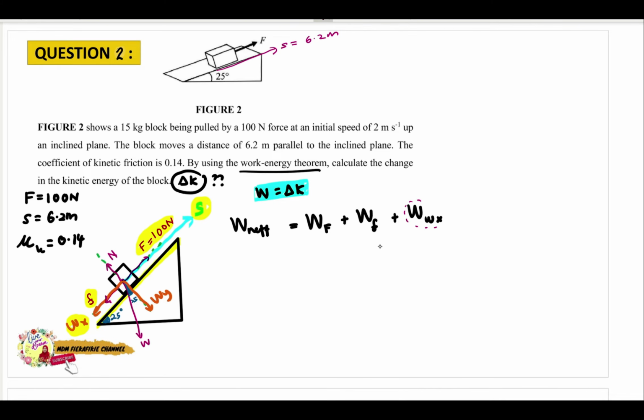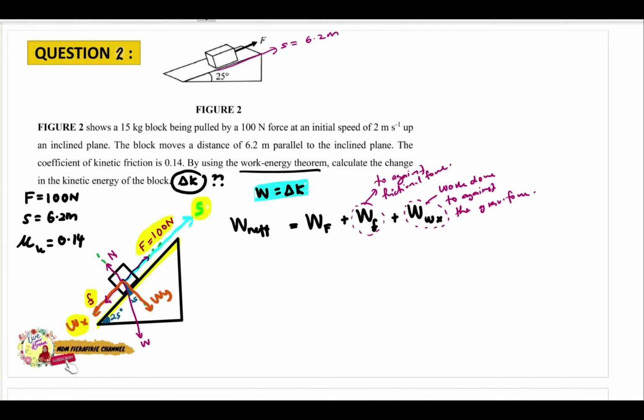Ini kita namakan dia sebagai work done to go against the gravitational force. Gravitational force merujuk kepada weight objek tersebut. And this is the work done to go against the frictional force.